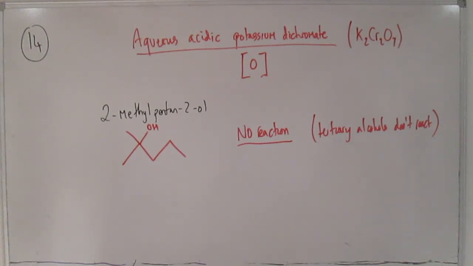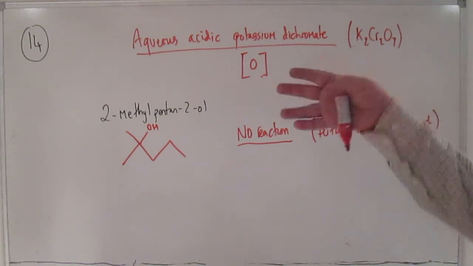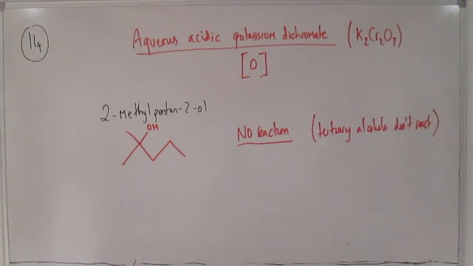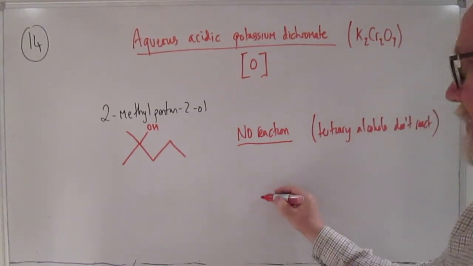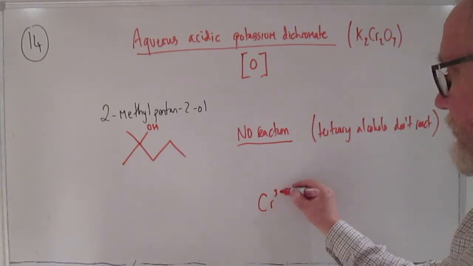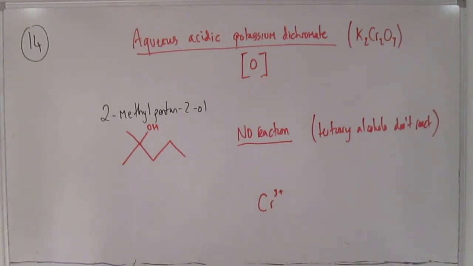That can be quite useful. These reactions are useful not just as a way of making things, but also you can use them to distinguish tertiary alcohols from primary and secondary ones, because aqueous acidic potassium dichromate is orange. It's a bright orange colour, and when it reacts, the dichromate changes into Cr3+, which is green.